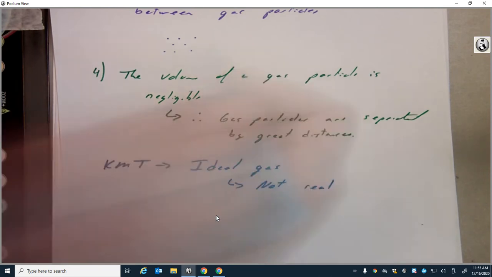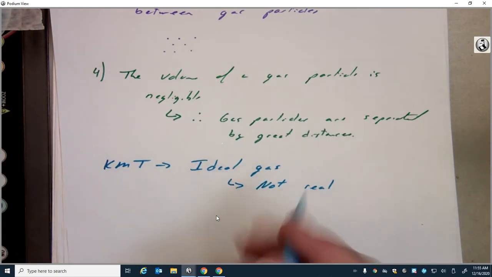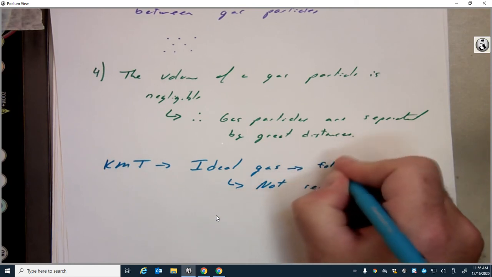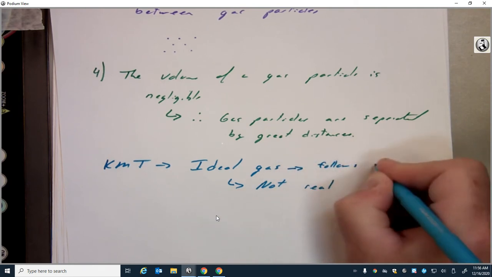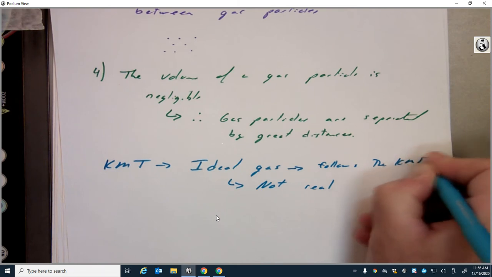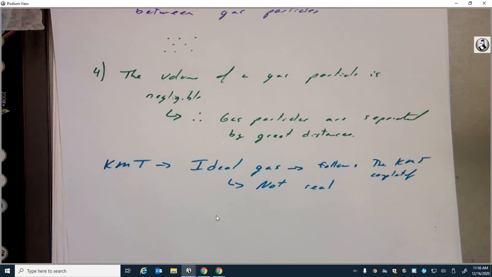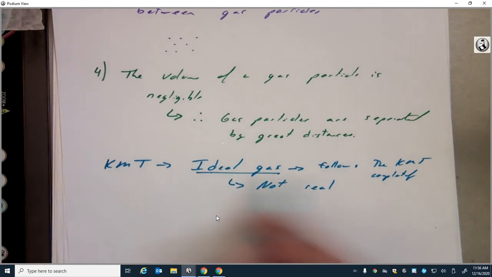We made it up for the kinetic molecular theory. Now, an ideal gas follows the KMT completely. So this ideal gas would follow everything about the KMT.